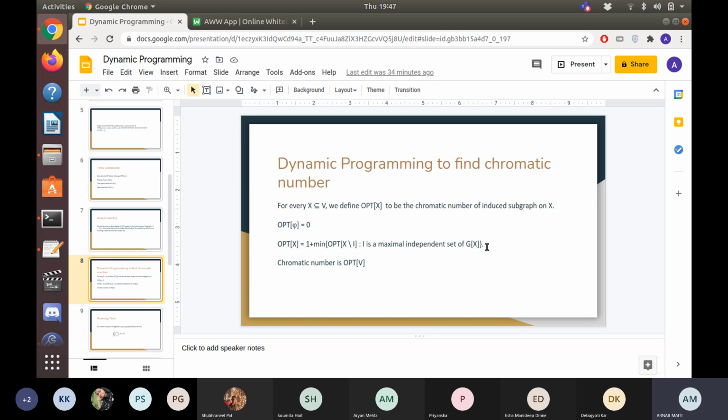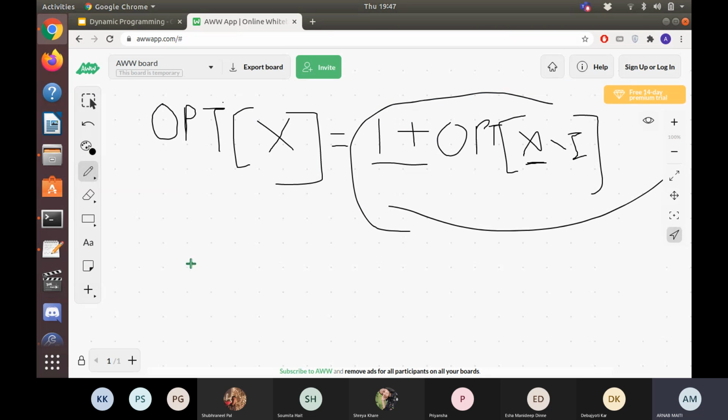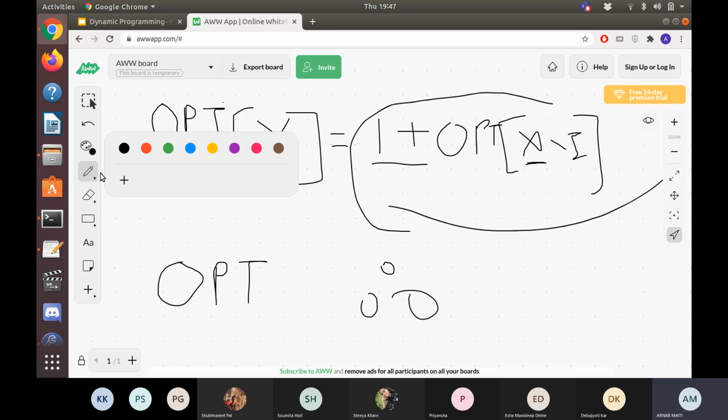Can someone from the audience try to give an intuition why this should be the case? If they are not connected, then they can be colored using the same color. Yeah, that's the point. So in the optimal solution, suppose we used the red color.